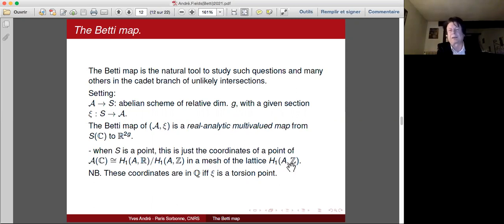It depends on the choice of the mesh. An important point, which makes a tie with the previous discussion, is that these coordinates are rational if and only if xi is a torsion point.